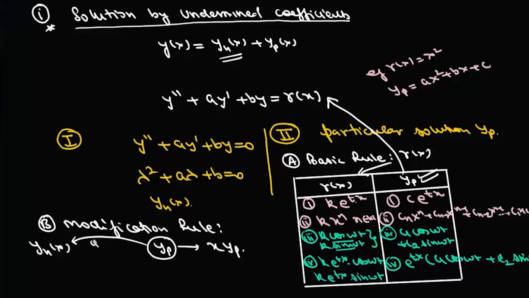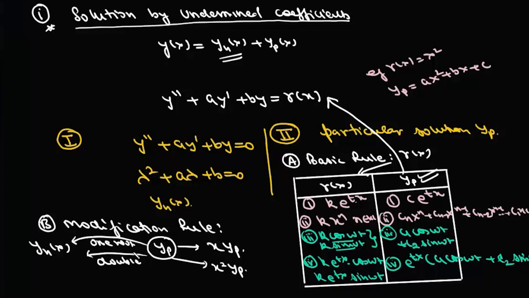So if it corresponds to one of the roots. Now if it corresponds to a double root, suppose here we have roots lambda 1 equals lambda 2, then in that case we want to modify this yp with x square yp, and so on and so forth. So that's your modification rule.